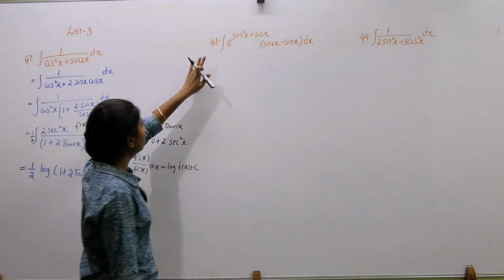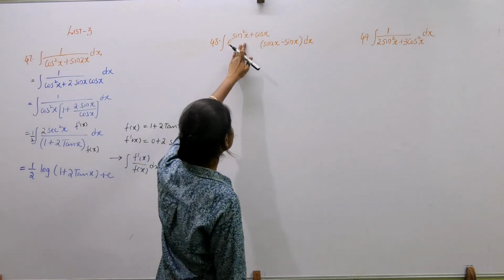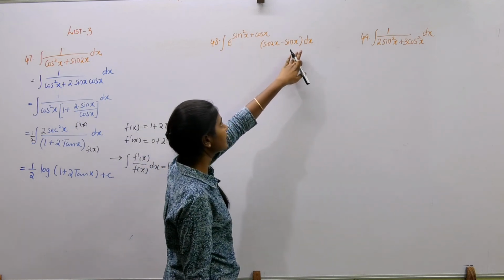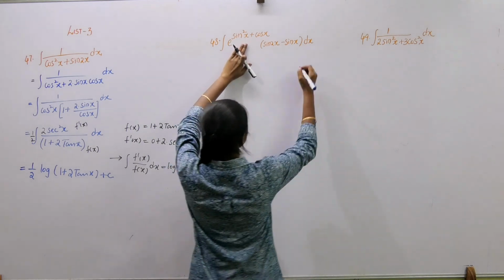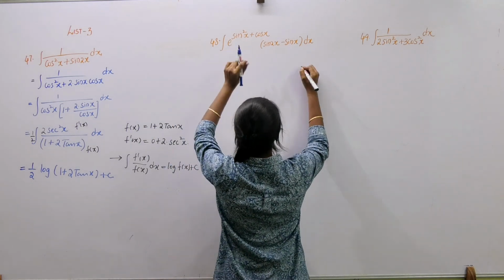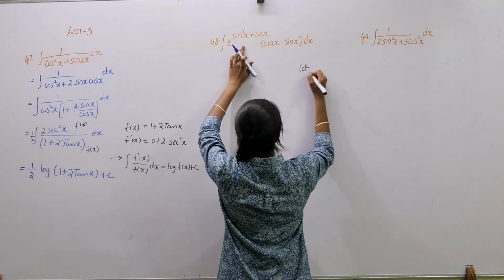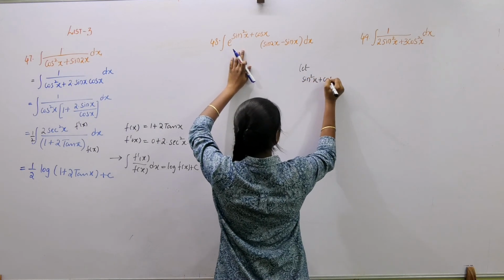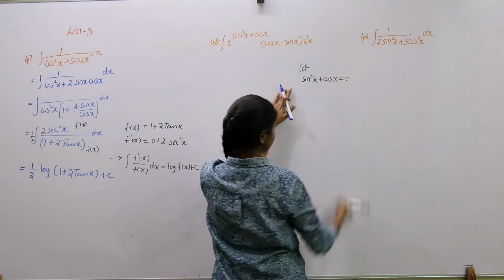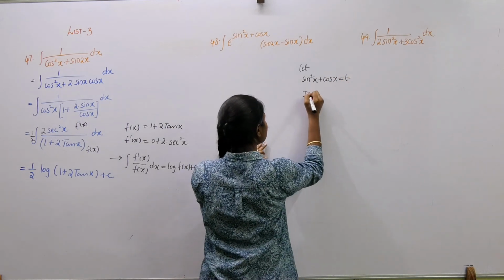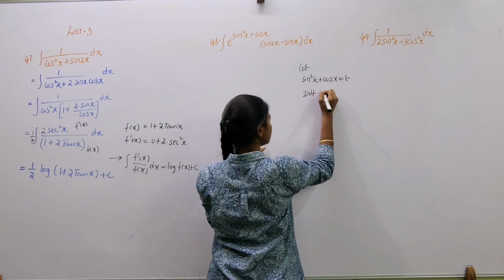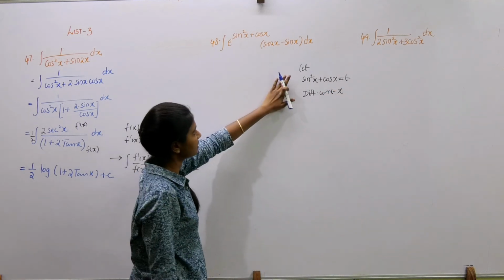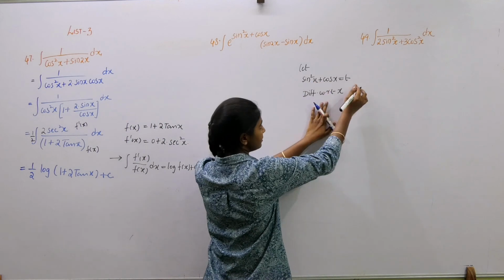Next, 48th one, integral e power sin square x plus cos x into sin 2x minus sin x dx. Let this sin square x plus cos x is equals to t. I have gone for substitution method. I have written this value is equals to t.